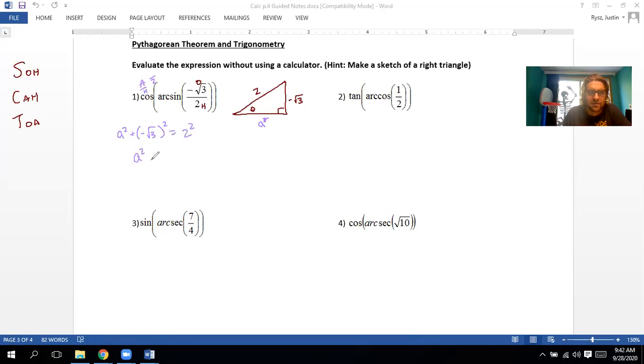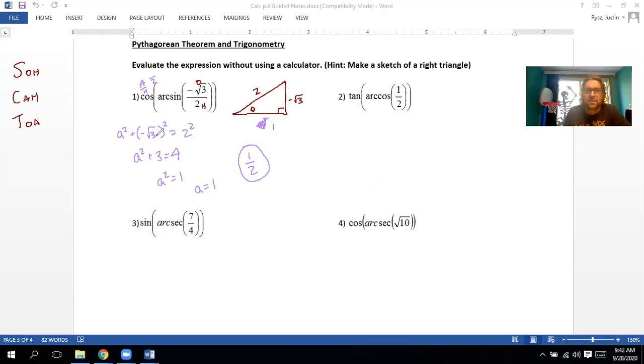If I square negative radical 3, the negative goes away, the radical goes away, just 3. 2 squared is 4. So I subtract 3, a squared equals 1, the square root of 1 is 1. So this a side would be 1, and the cosine of this triangle is 1 over 2, or 1/2.